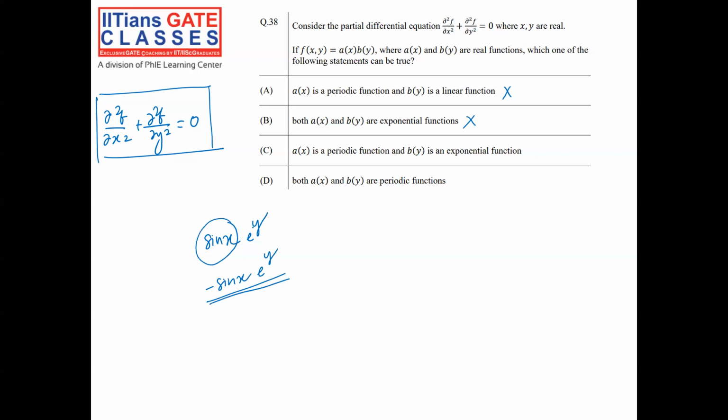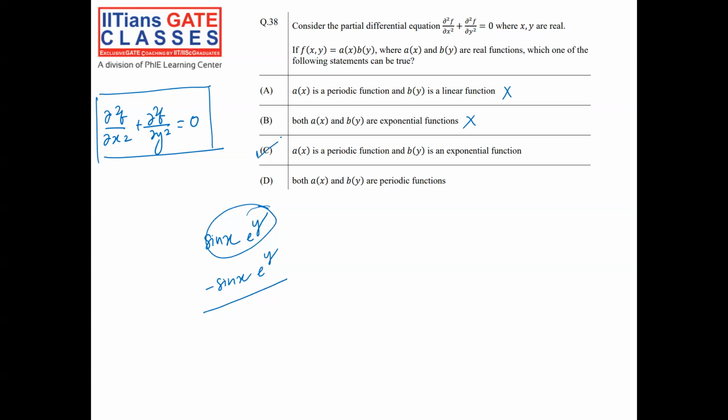And if we differentiate the overall function with respect to y 2 times, we'll get the same function, because e to the power y differentiated 2 times is e to the power y. So if we have one periodic function, after 2 derivatives its sign will change. Okay, and that's why option C is correct in this case.